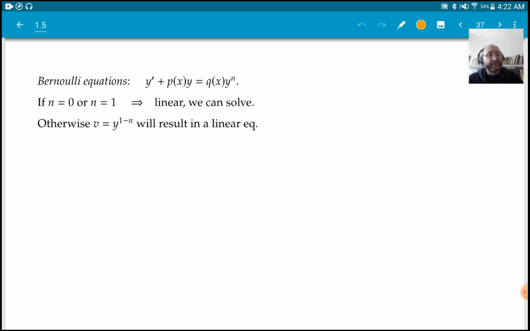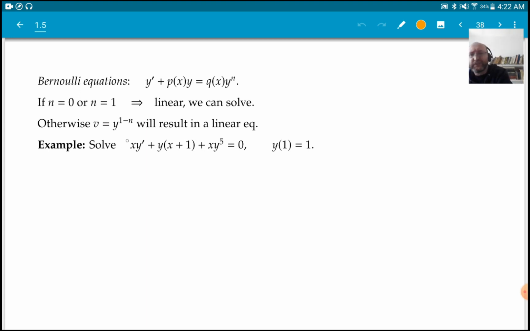Now, the interesting thing is that making this substitution, making v be y to the 1 minus n, will actually result in a linear equation. You have to be a little careful about divisions by 0 in this case, but it gives you a linear equation that you solve, and then you unsubstitute and get a solution.